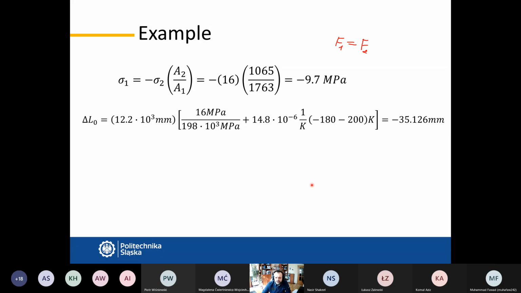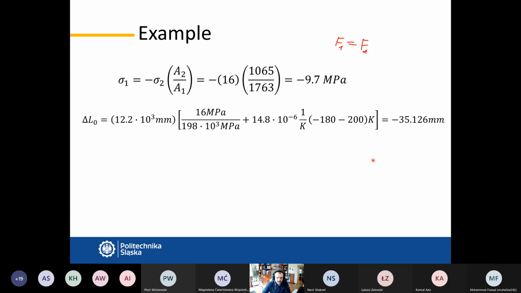And it turns out that if the internal pipe is cooled by 200 K, so from plus 20 to minus 180, it will shrink by 35 millimeters.